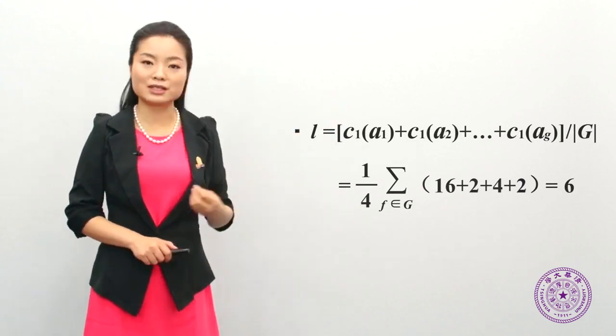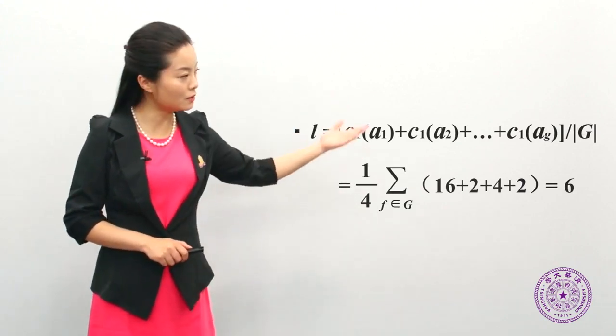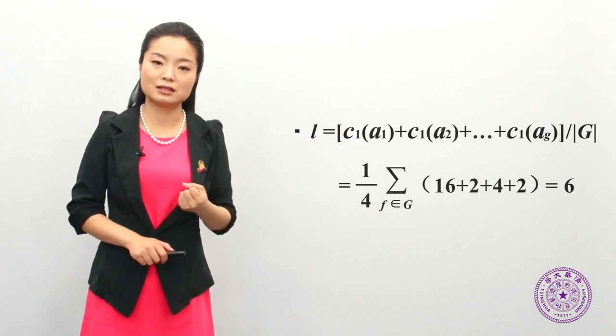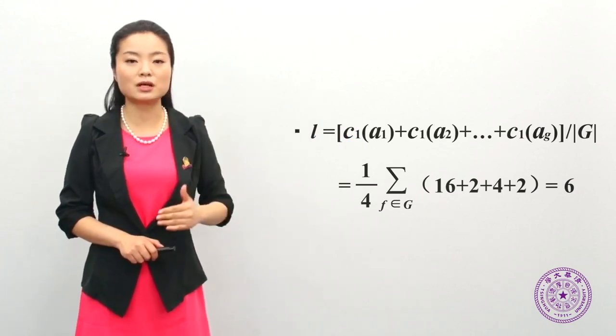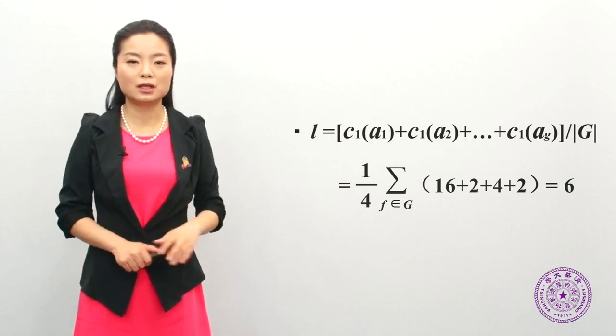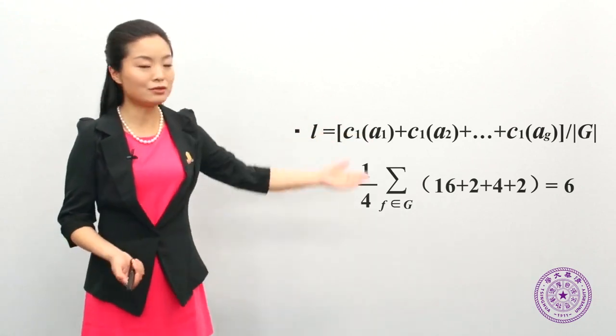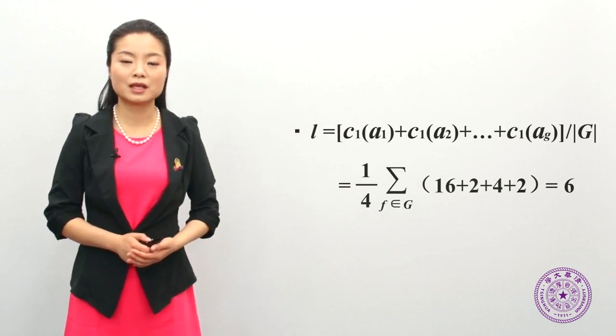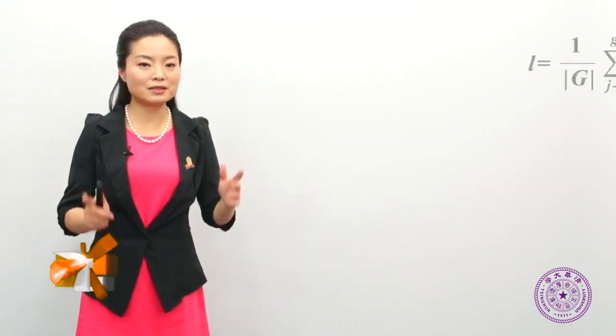Then we bring these back to Burnside's Lemma. Adding up all the one-order cycles, 16 plus 2 plus 4 plus 2, divided by the 4 permutations, the answer is exactly 6. It is the same as what we enumerated.